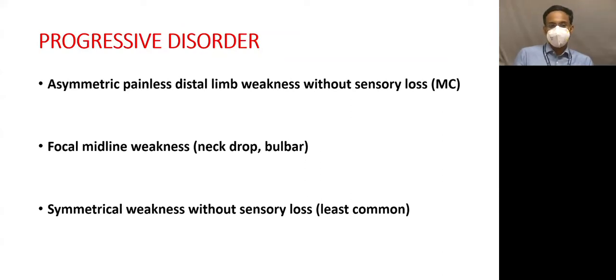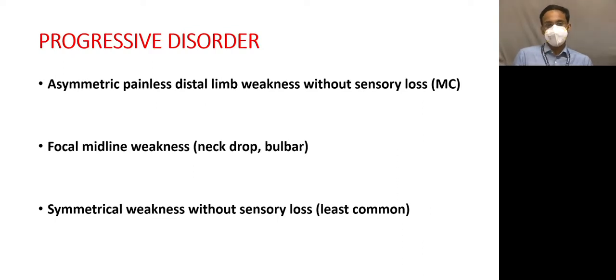There are three common patterns that we see, of which the first two are the most common in clinical practice. The most common presentation is the limb weakness presentation, or the limb onset phenotype, where they come with asymmetry, painless, and they gradually develop distal weakness of the limbs, historically and clinically without any sensory loss.